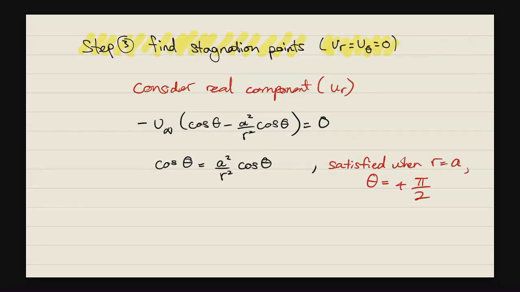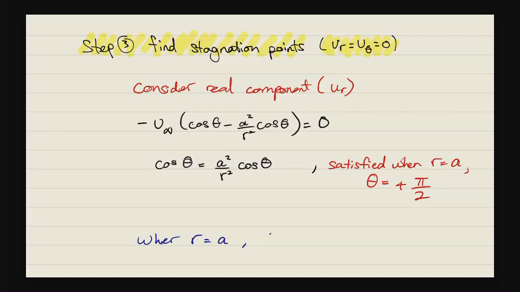So we have two possible solutions. Let's consider when r equals a first. The radius is on the surface of our cylinder.